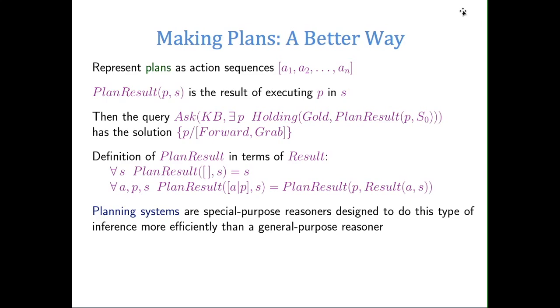And for all A, P, and S, the plan result of some action A followed by a tail list of actions P, that is more plan, in some situation S, is plan result of P and the result of A and S. Here A is a single action and P is the tail of the list that could be 0 or more actions. And planning systems are in fact special purpose reasoners designed to do exactly this type of inference more efficiently than a general purpose reasoner.